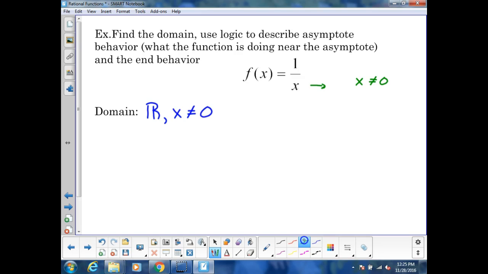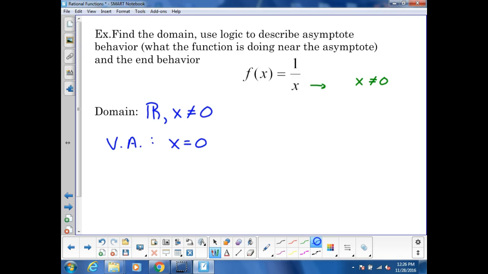So, that means then that if that's my domain, what then is my vertical asymptote? X equals 0 is my vertical asymptote. Okay? Alright? With me?